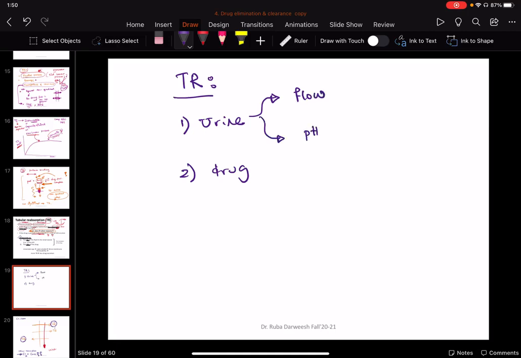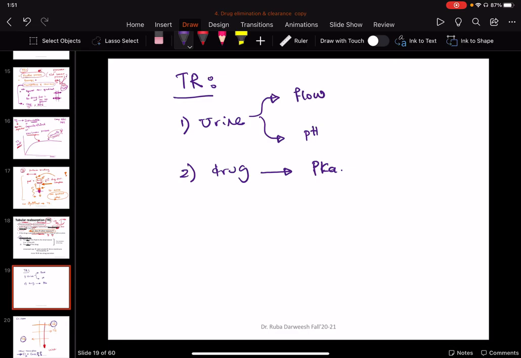And we mentioned that the pH of the urine is variable. So this variability would affect the ionization of the drug, and if the ionization of the drug is different, then the transport of the drug through the membrane will be different. For the drug, it mainly depends on the pKa of the drug, which again affects the ionization and so the transport through membranes.